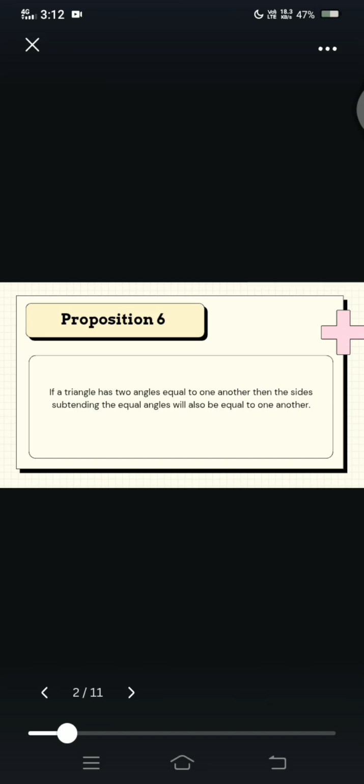If a triangle has two angles equal to one another, then the sides subtending the equal angles will also be equal to one another.